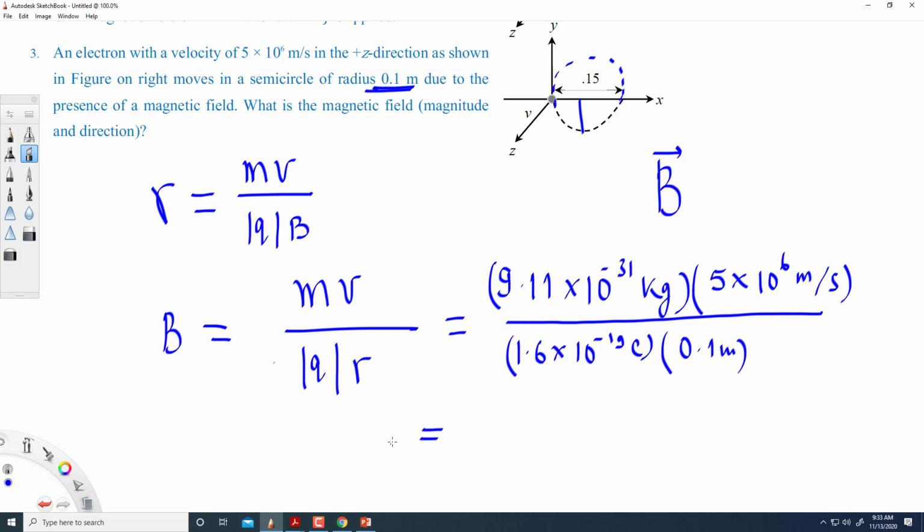And then if you do the math, you get a magnetic field in Tesla. Now what should be the direction of the magnetic field that will produce that circular track? Okay, let's find the value first, and then we will go to the direction.